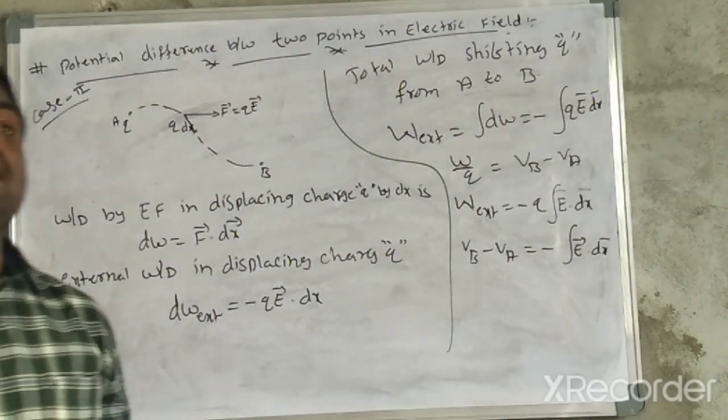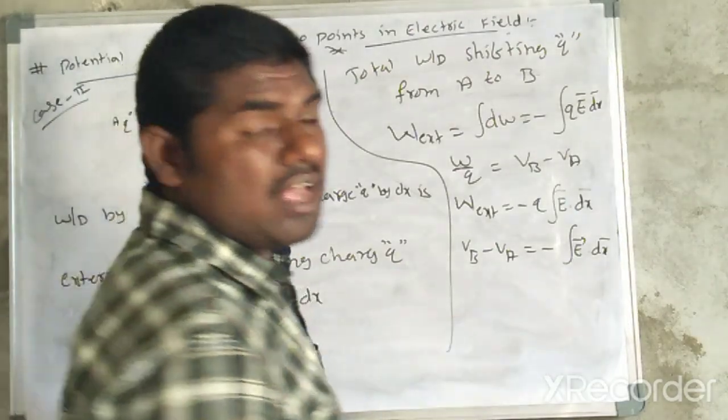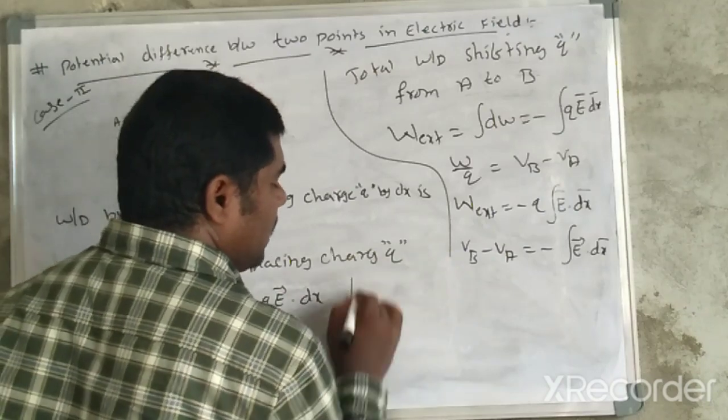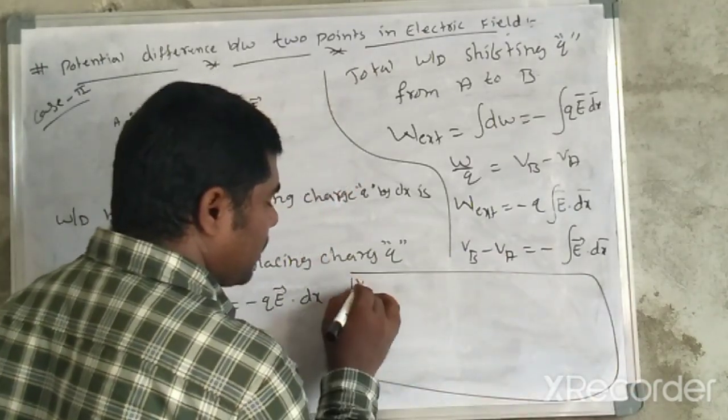Very important point: in the direction of the electric field, the electric potential is always decreasing. Very important to note.